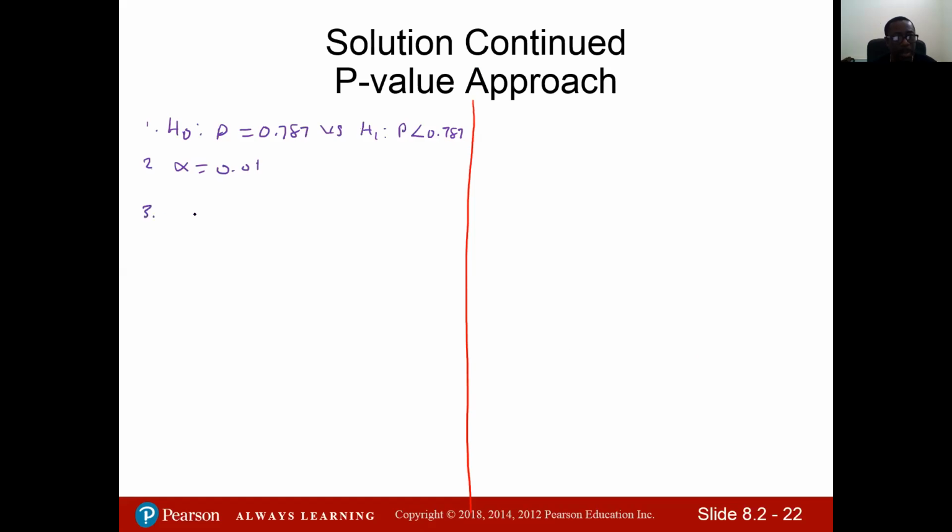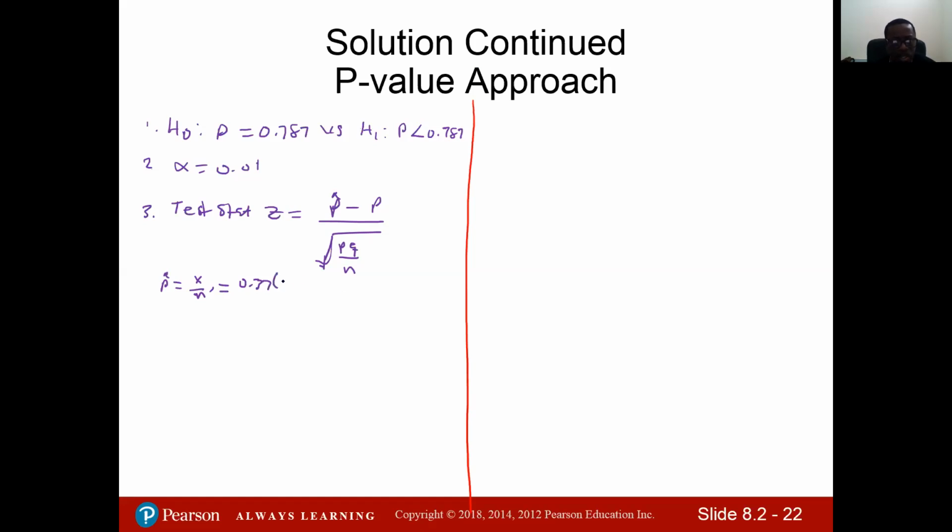And then step three, my test statistic. My test statistic Z is equal to p-hat minus P over the square root of P times Q over N. So let's get these values right. We know that p-hat is given by X over N. If you use 0.37 as your p-hat, the answer will be a little bit different, which is within the margin of error.